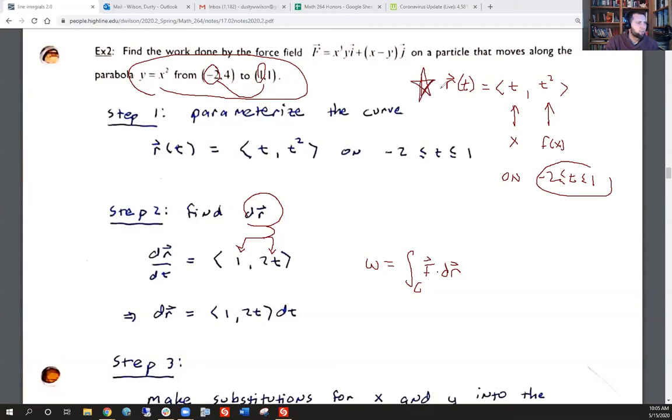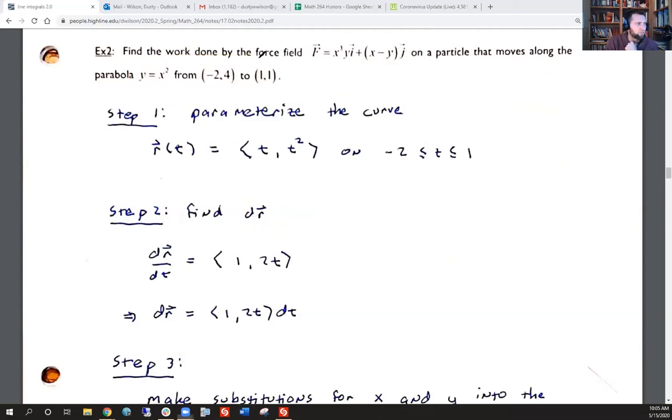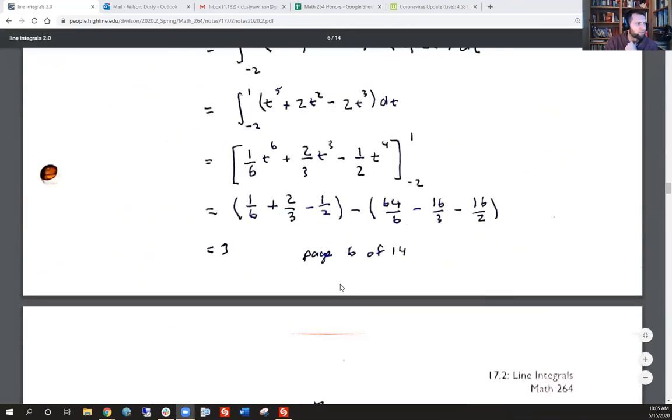Are there any questions about the parameterization or finding the differential element part? Very good.